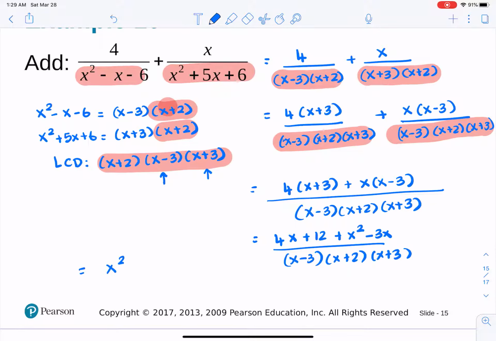If we simplify, 4x minus 3x is x, and we have 12, divided by x minus 3 times x plus 2 times x plus 3.